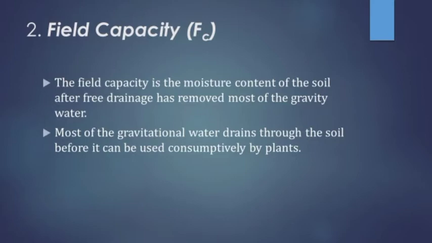Field capacity is the upper limit of moisture content that can be acquired by roots. If field capacity is 30% or 40%, that is the maximum limit of water that can be stored in that particular soil and effectively taken up by a plant.